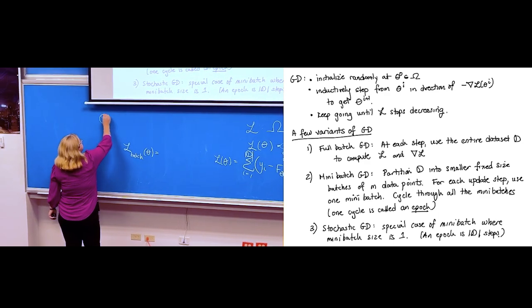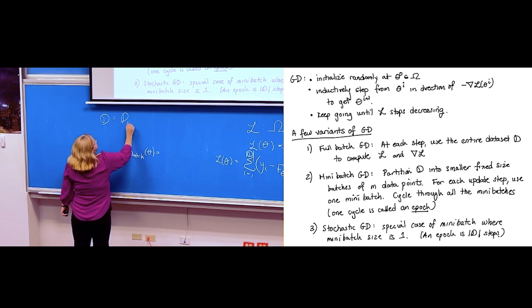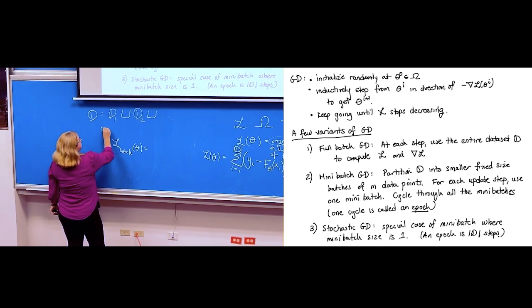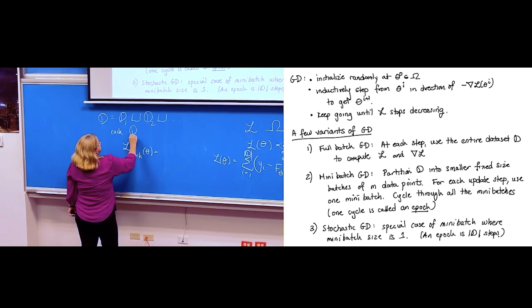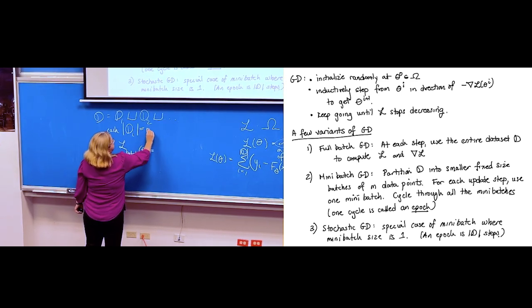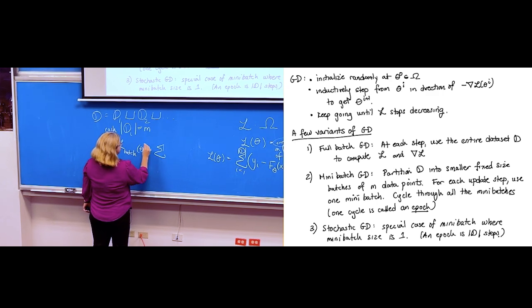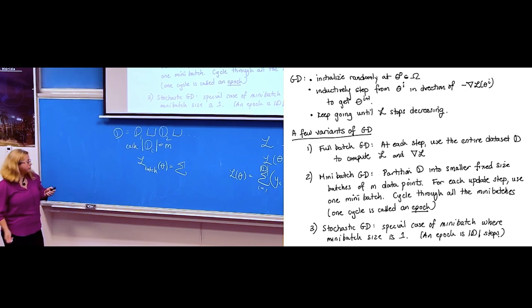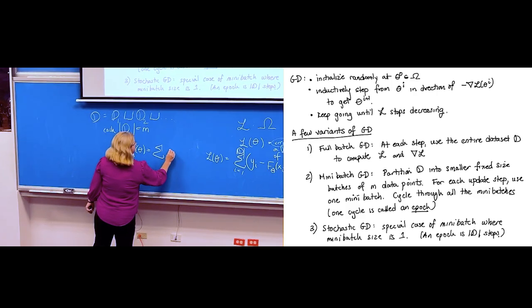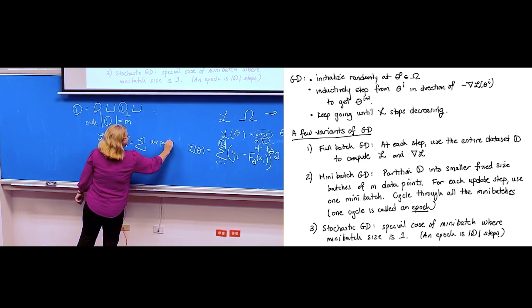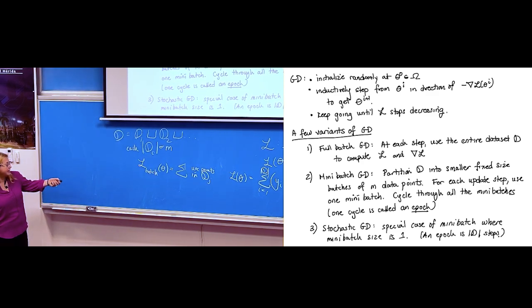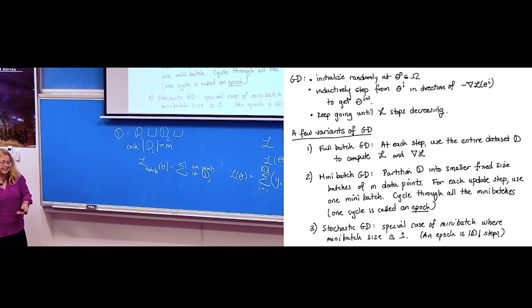So maybe if data equals data 1 union data 2 union, so on, and each D_i has size M, then you use only the points in that batch. I won't write it out, but I'll say use points in that batch. And again, then you compute which direction is the best, and you take a step.